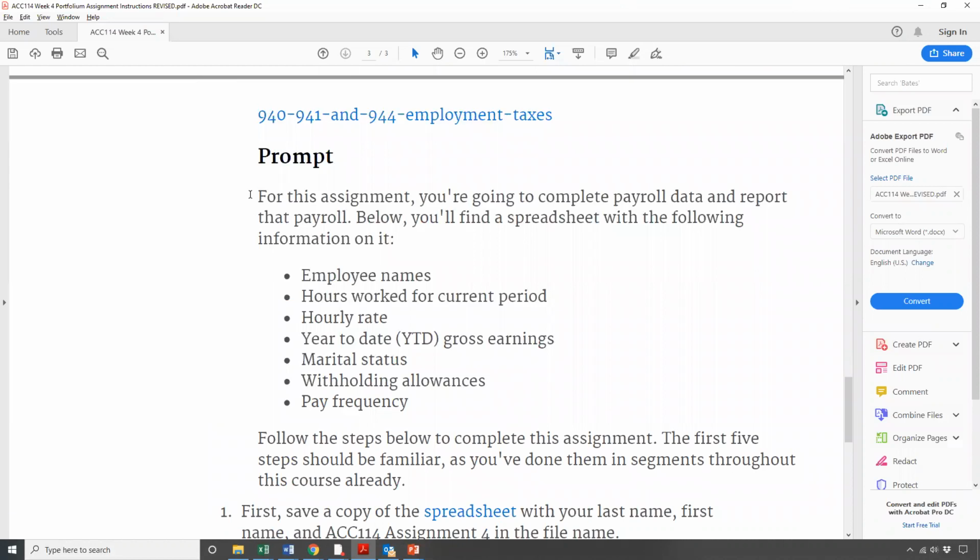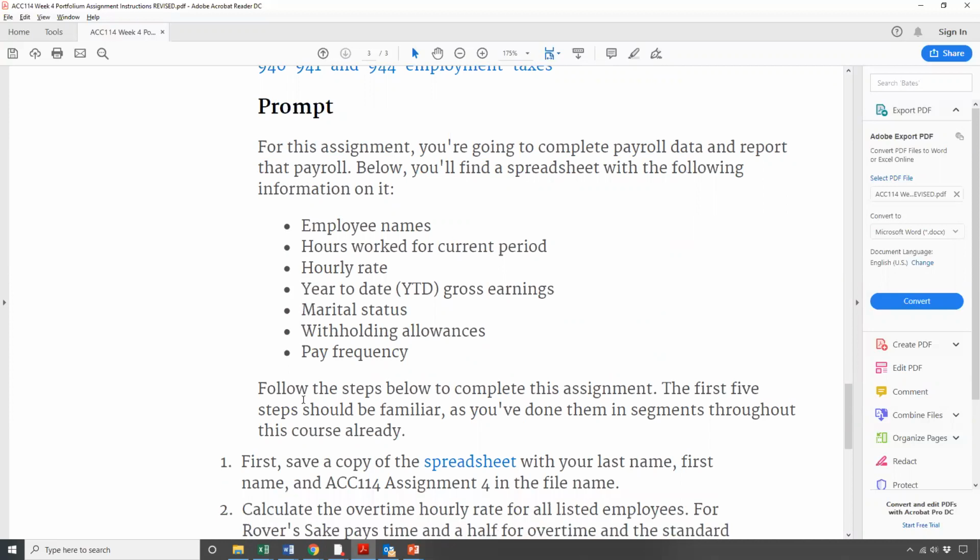So it says for the assignment, you're going to complete payroll data and report that payroll. Below, you'll find a spreadsheet with the following information. It's got employee names, their hours worked for the current period, their hourly rate, their year-to-date gross earnings, their marital status, the withholding allowances, and the pay frequency.